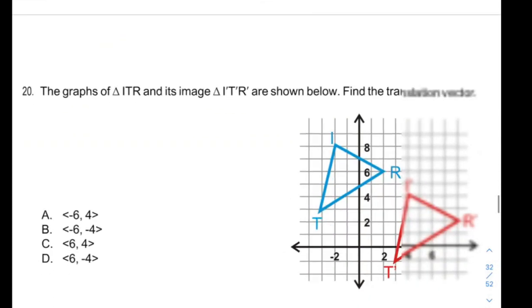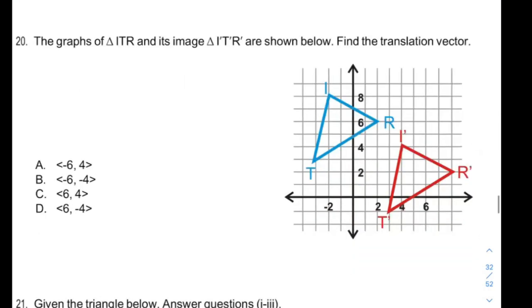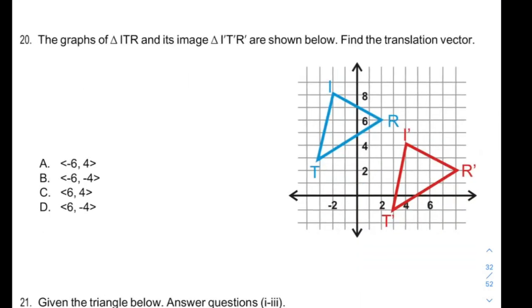The graph of triangle ITR and its image I prime, T prime, R prime are shown below. Find that translation vector. Since all points have been translated equally, we'll check from I to I prime. Let's see the vertical and the horizontal movement.